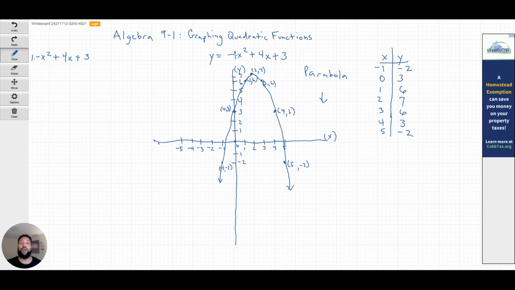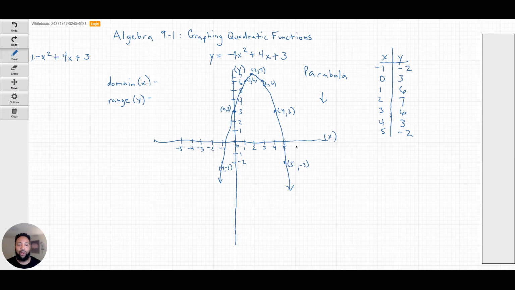So if someone were to ask you what is the domain and range of this quadratic function, basically the domain is what is the x range, and then the range is what is the y range. So if we look at x, this goes from -1 to 5, but we could keep going, so these numbers may change.